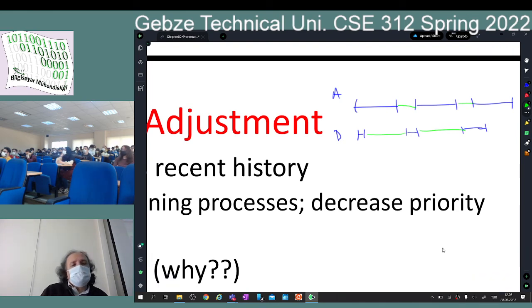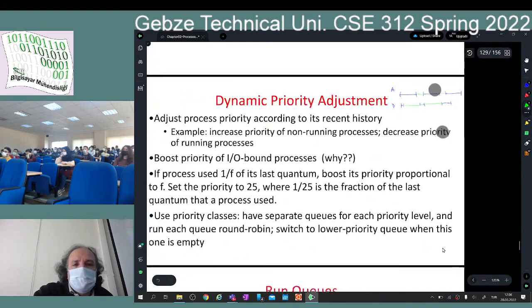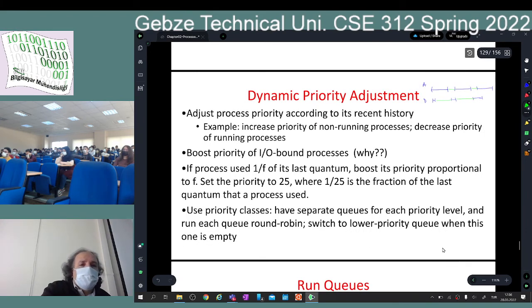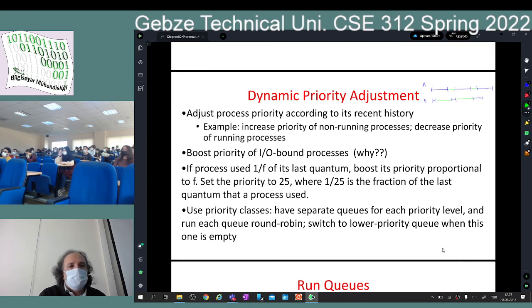Maybe there is a fairness problem between A and B. Maybe I can solve this fairness problem using the priorities. That's the idea. Boost the priority of IO-bound processes. Why? Because IO-bound processes don't get to use the CPU much. How am I going to do that? I am going to give you 20 milliseconds of quantum time.